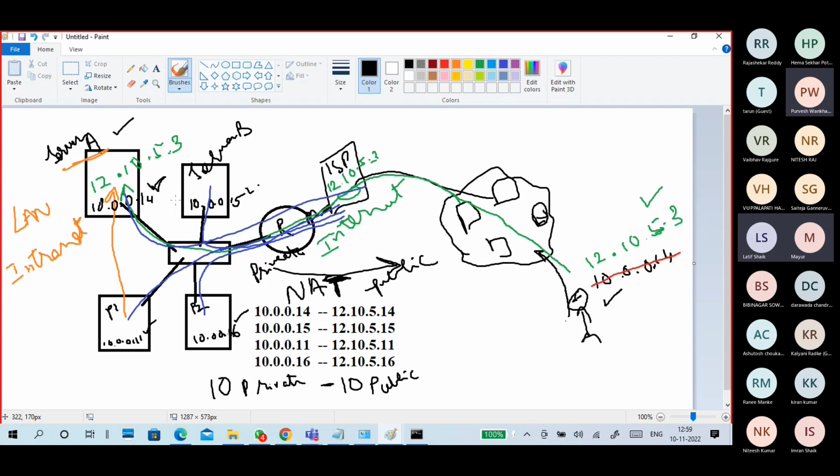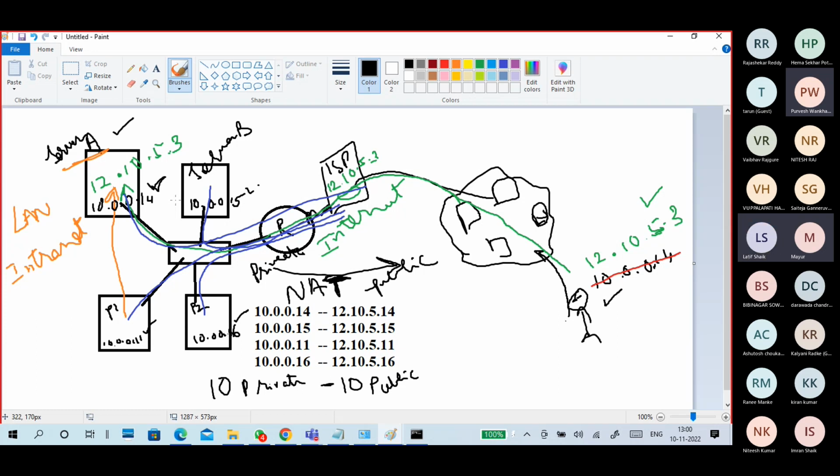Total IPv4 addresses are 4.3 billion. Out of 4.3 billion, we don't use some IP addresses. Only Class A, Class B, Class C we are using. Out of that, a few IP addresses are reserved, like APIPA, loopback address, and the 0 series. If you cut all those, there are not even 3 billion IP addresses.